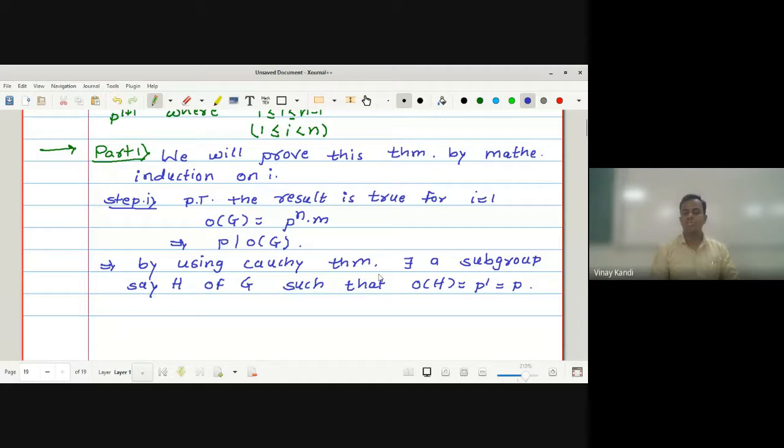By using Cauchy's theorem, there exists a subgroup H of G such that the order of H is equal to p. Any doubt up to here?